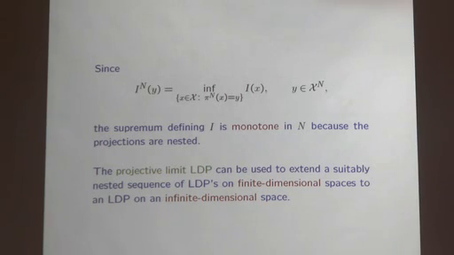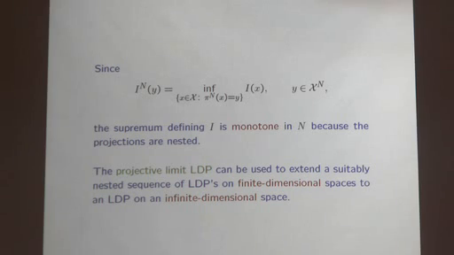So for instance, if you can prove an LDP for probability measures that live on the numbers 1 up to n, and you can do this for any n, and sometimes you can do this by calculating, because you have a finite state space, you can do nice counting. If you find that that's true, then all you have to do is let n go to infinity, and you would automatically get a large deviation principle for random variables that live on all of the integers.